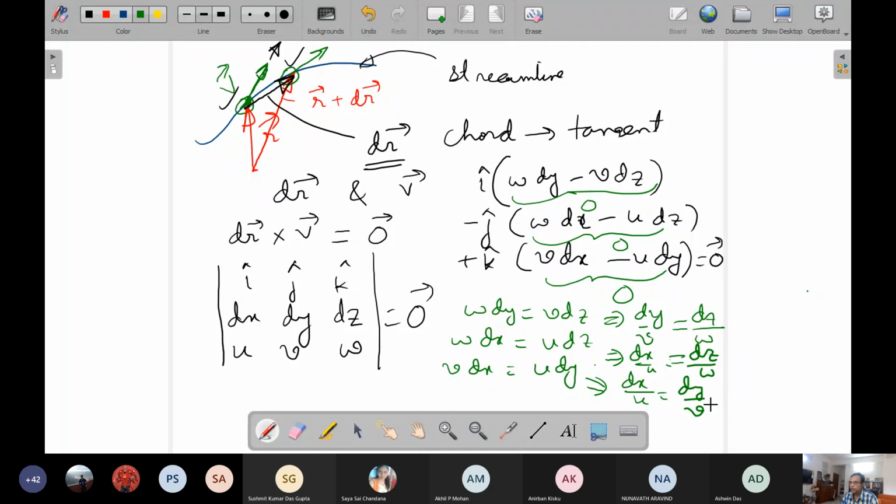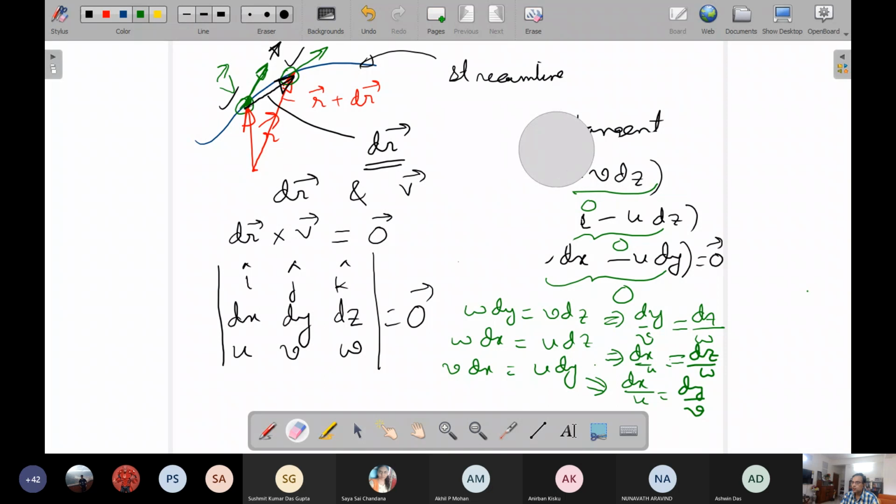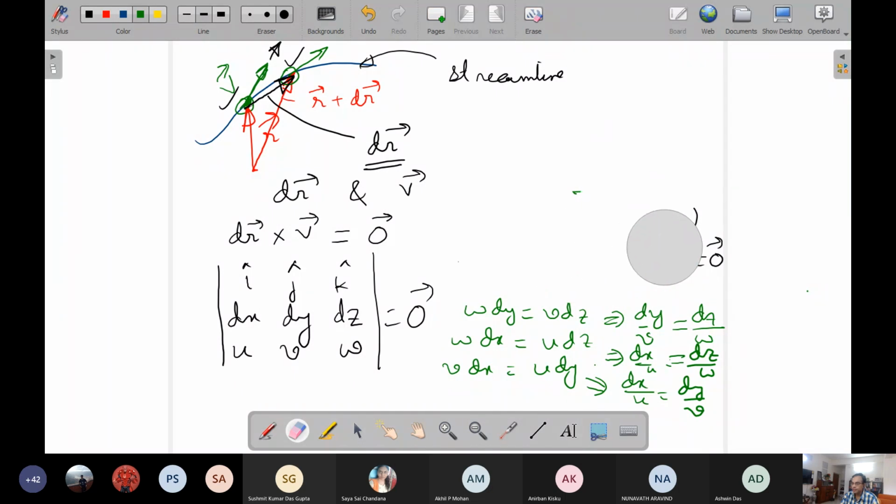So if you now combine all these, you will see that you have a common ratio which the three equations taken together lead to, and that is nothing but the so-called equation of the streamline.